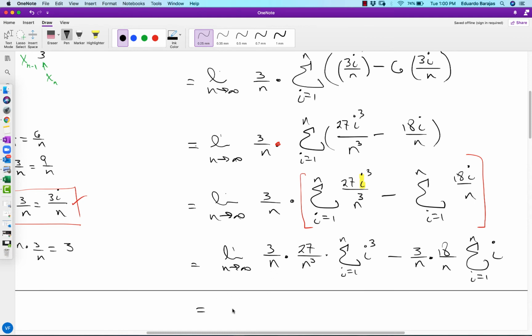This is equal to the limit as n goes to infinity of, and then 27 times 3 is equal to 81. 81 divided by n to the fourth power, and then this Riemann sum as i goes from 1 to n of i cubed minus 18 times 3, that's equal to 54 divided by n squared times the sum as i goes from 1 to n of i.